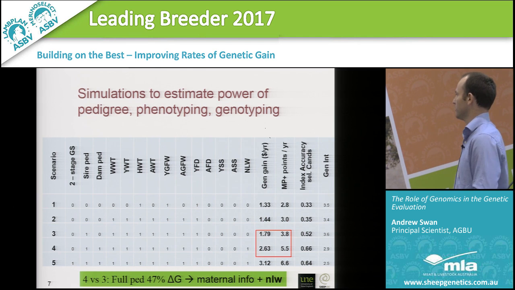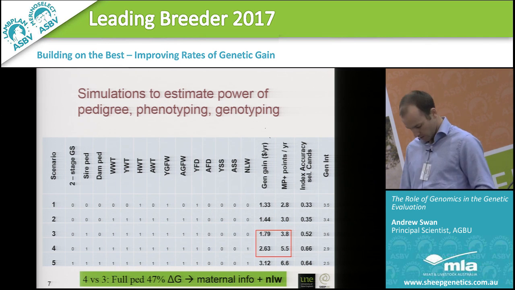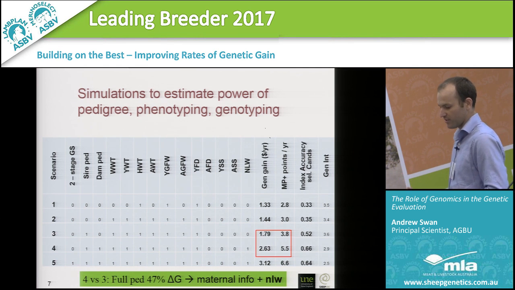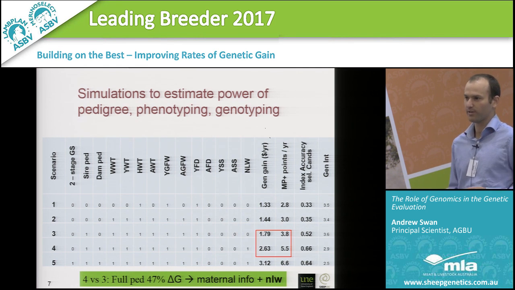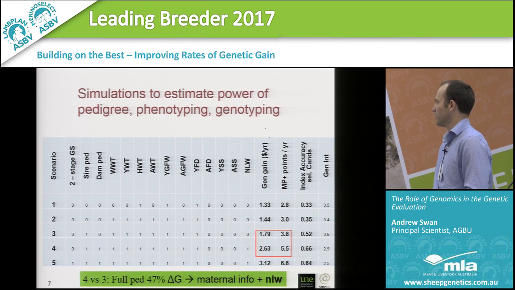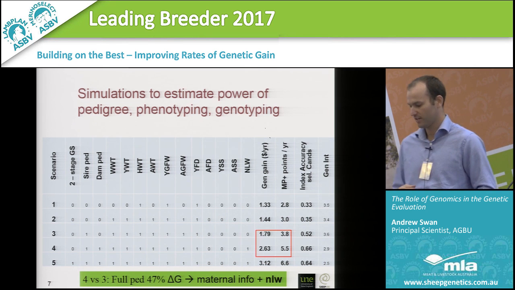And we can also see in the second last column the selection accuracy, the index of the selection candidates is increasing. So we're getting more accurate breeding values, which means it drives our genetic gain. And we can see that the generation interval is also starting to go down.